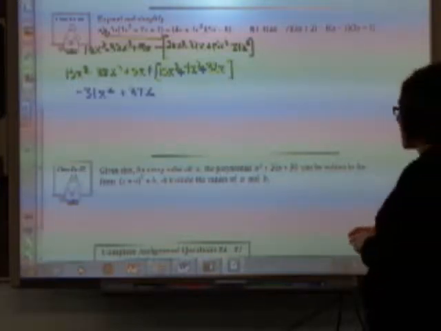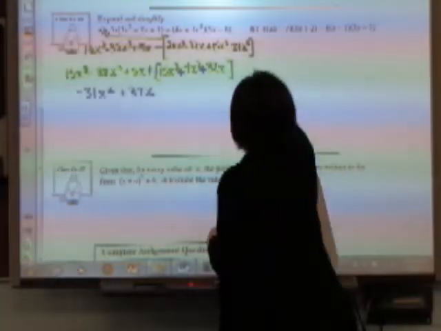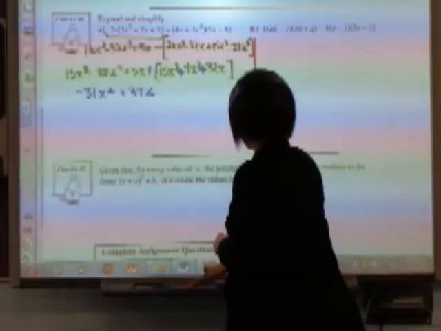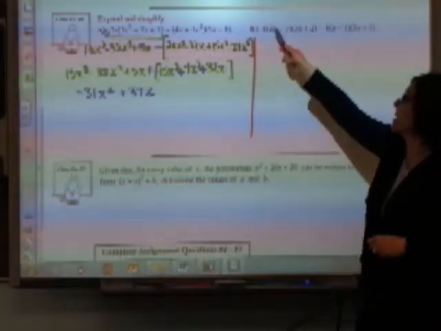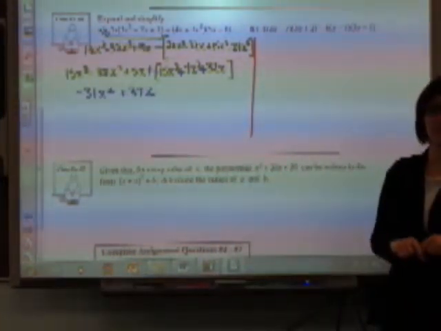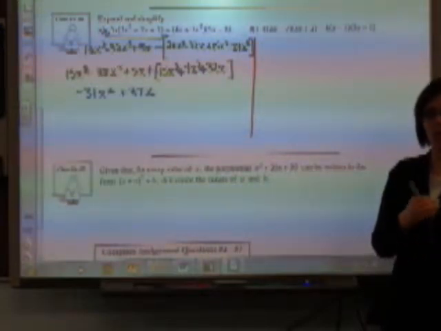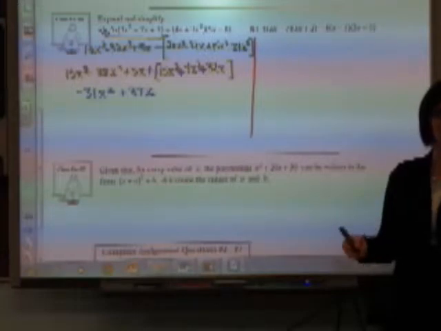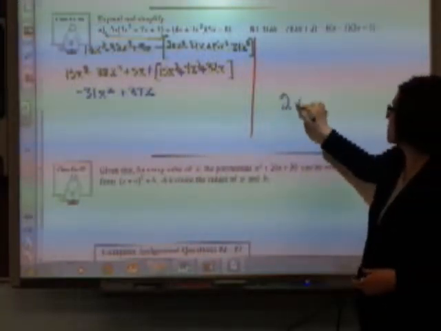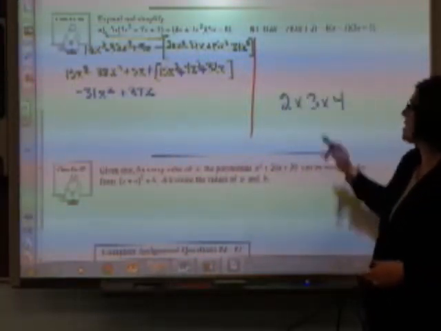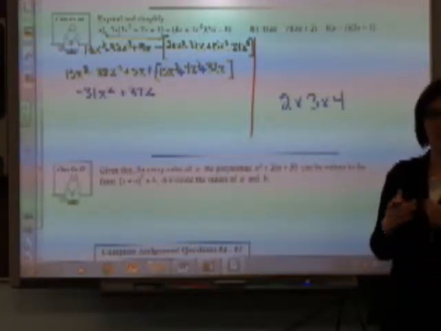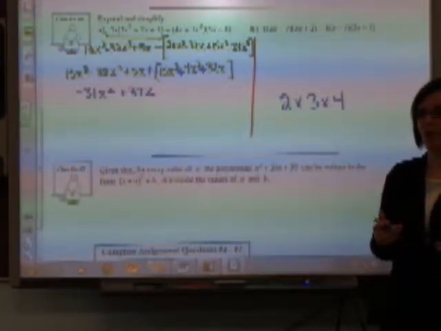So if we look at B, I have three things being multiplied together. So before we left, I talked about when you have three terms being multiplied together. I used the example of 2 times 3 times 4. I can multiply those together in a wide variety of ways.